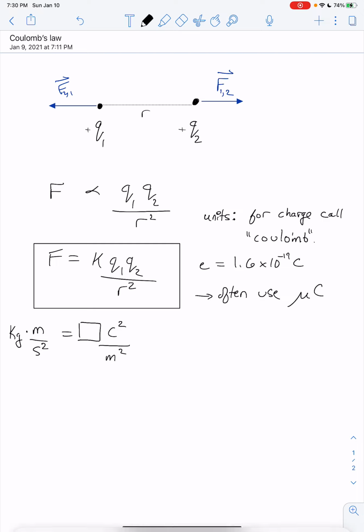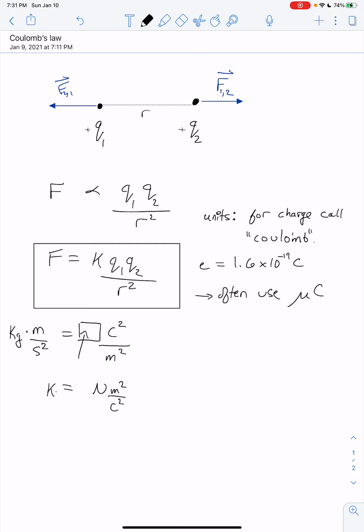So in order for this all to make sense, the units for K have to be newtons times meters squared per coulomb squared. Newtons are the other way that we can write our units for force.